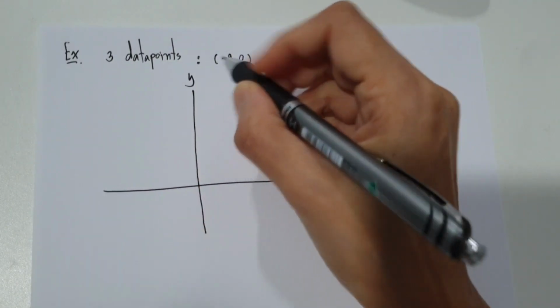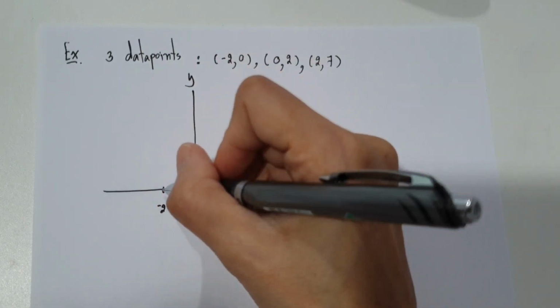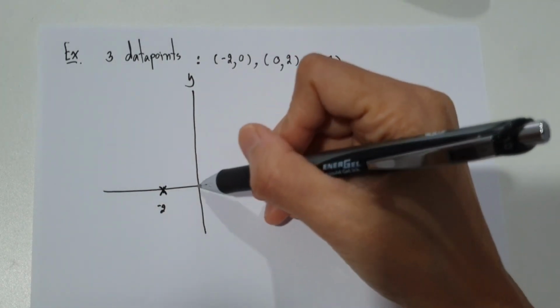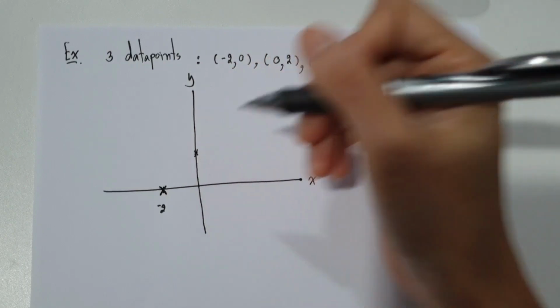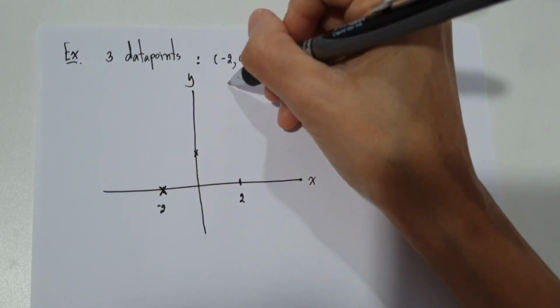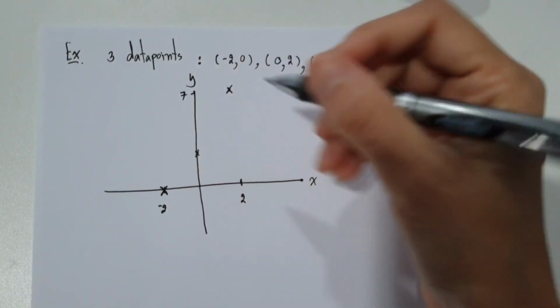At x equal to -2, y equals 0. So this is the first point. And x equal to 0, y equal to 2. This is the second point. And if x equal to 2, y equal to 7. Okay, this is the third point.